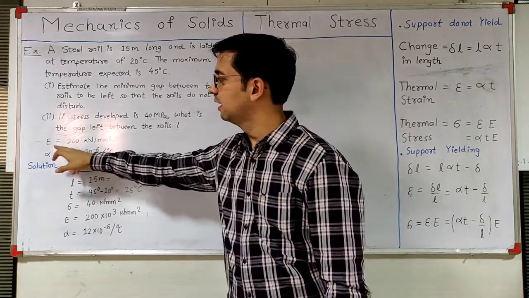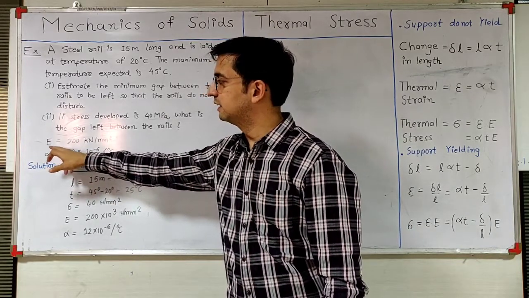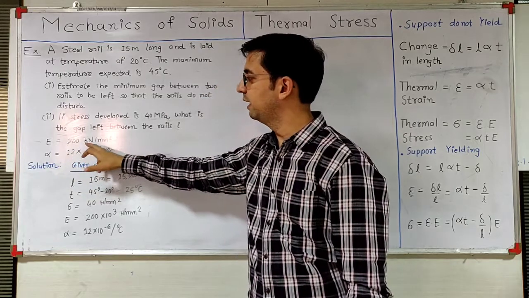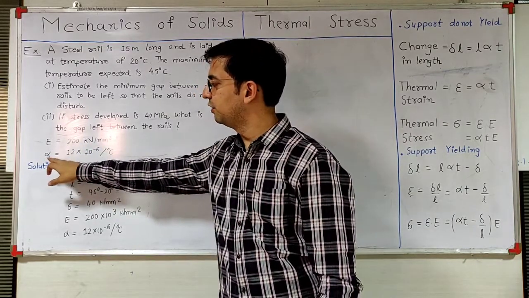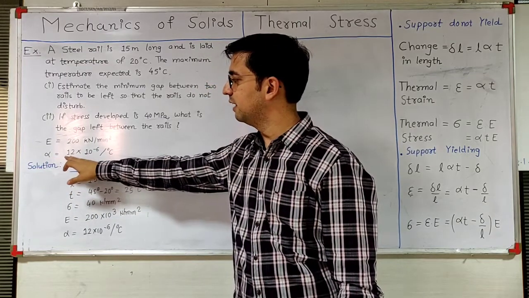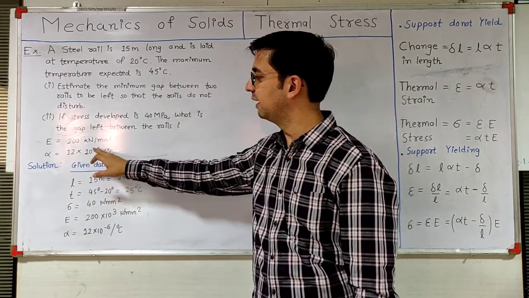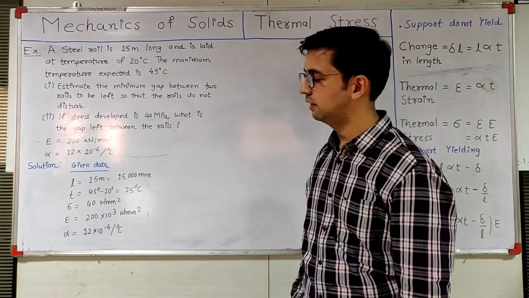Given data: take modulus of elasticity E as 200 kilonewton per mm square and coefficient of thermal expansion as 12 into 10 raised to minus 6 per degree Celsius.